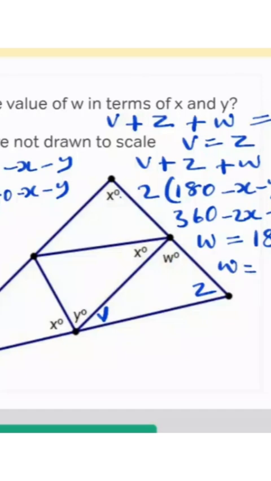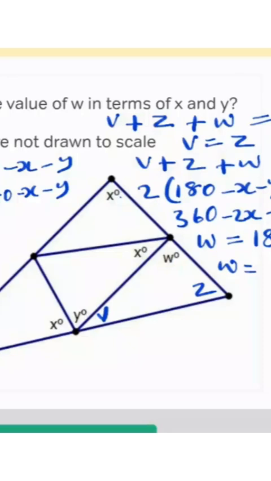So let's eradicate the negative, so that instead of starting with 180 minus 360, which is minus 180, we can write it in a way that the answer starts with a positive number. So W equals 2S plus 2Y minus 180. Remember, this minus 180 is because of 180 minus 360.